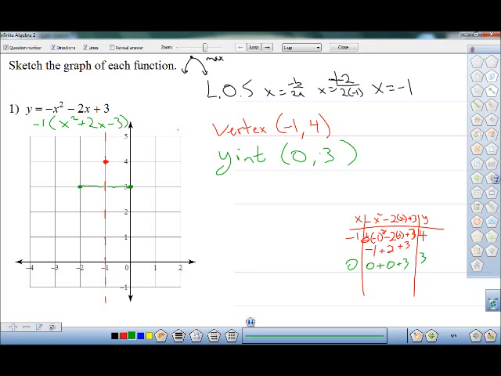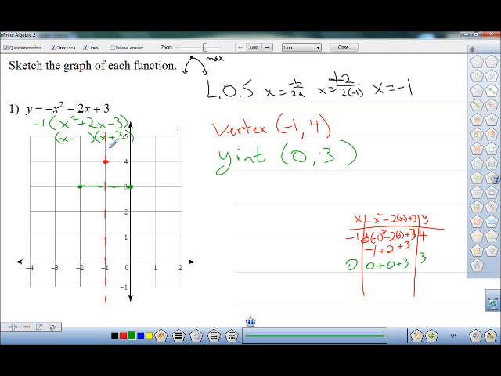Will that factor? X times x will give me x squared. Since that's a minus, these signs will be opposite. Does negative 3 have a factor that will subtract to give me positive 2? Yeah.